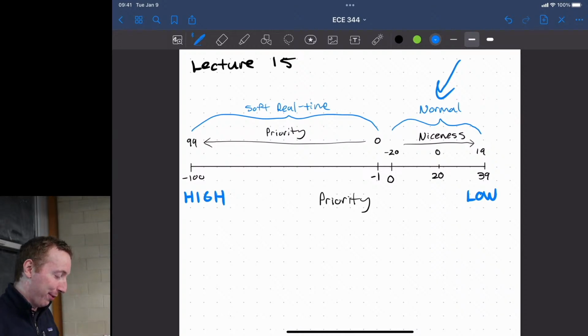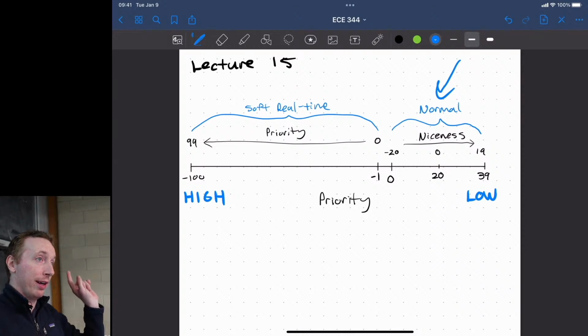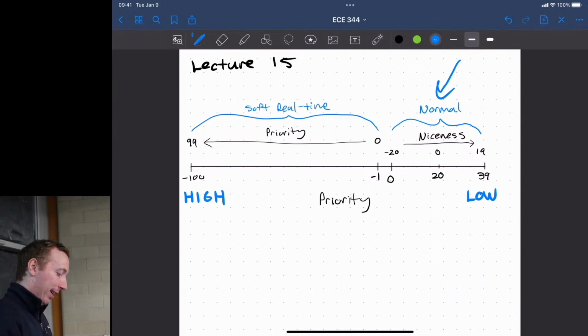And then for the soft real-time tasks, which have a priority of 0 to 99, where 0 is lowest and 99 is highest, to map it back onto this line, it makes it negative and then subtracts 1 from it.